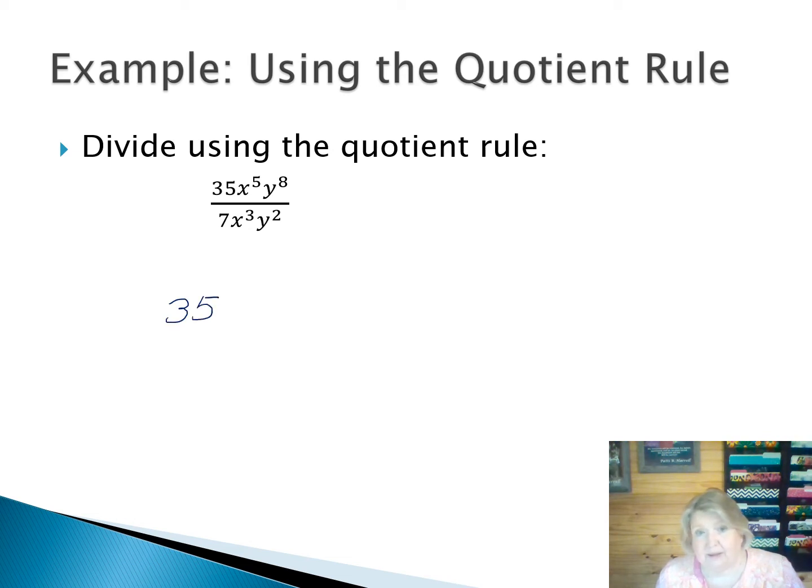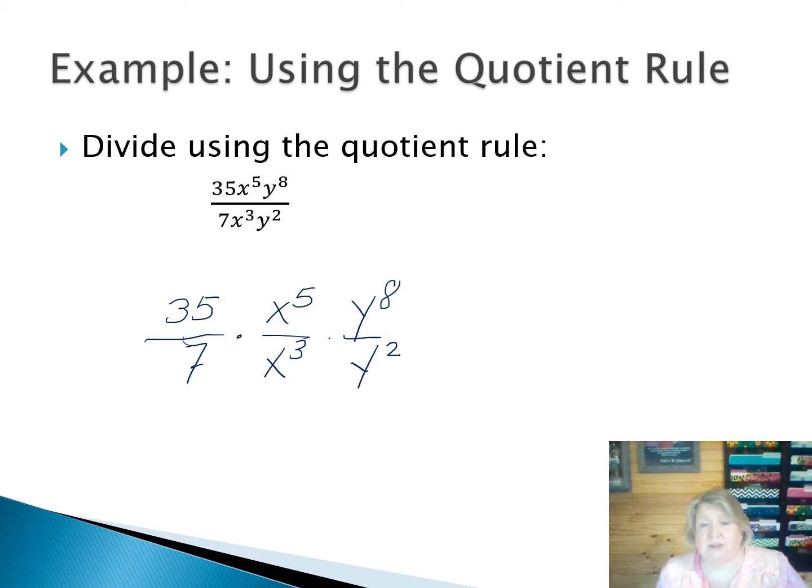But since we're not quite ready for some of us to jump into it, I am going to break it down. And I'm going to call that division multiplying by the reciprocal so that I can multiply in any order I want. And here's the order I want. I'm going to break it down so that I've got my like variables together.